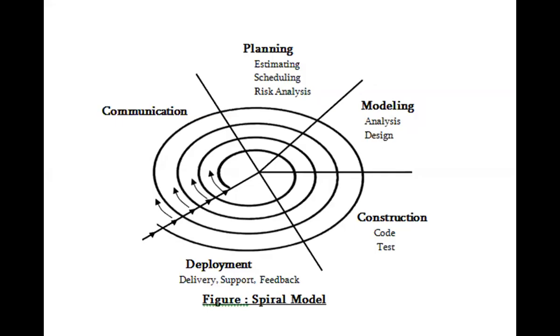Here the spiral model is divided into framework activities, also called task regions. This is one framework activity, or one task region.